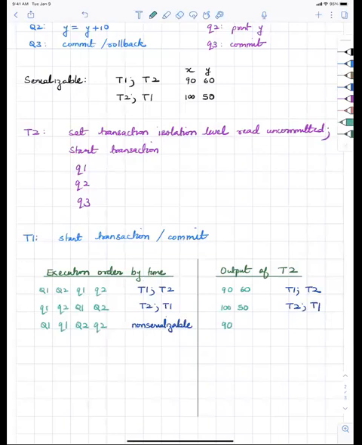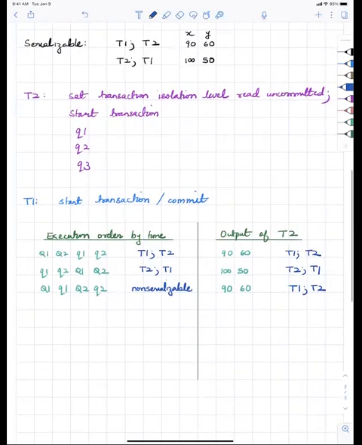And Q2 has happened, so this output is again 90 and 60. So even though the execution order was non-serializable, the output still looks like T1 happened first, followed by T2. Here I'm showing an output which looks serializable, but the execution was non-serializable.